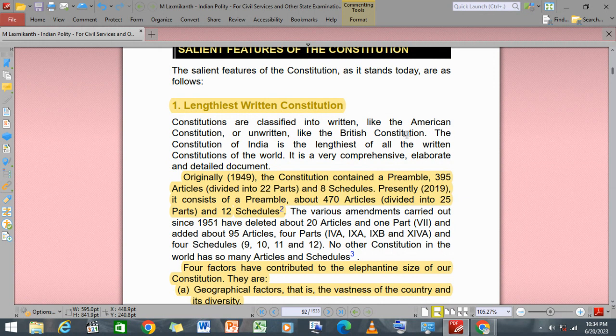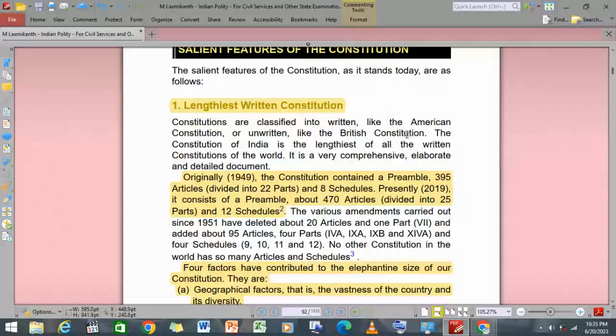Now, one salient feature of the Indian Constitution is that it is the lengthiest written constitution. Originally in 1949, the Constitution contained a preamble, 395 articles divided into 22 parts and 8 schedules, and presently it consists of a preamble, 470 articles divided into 25 parts and 12 schedules.